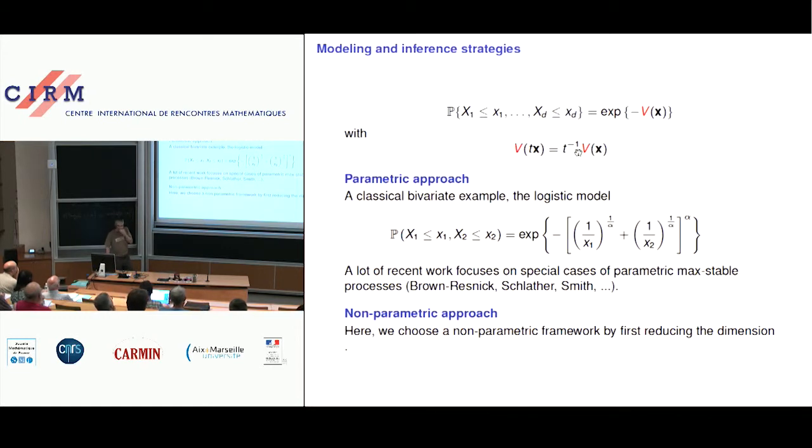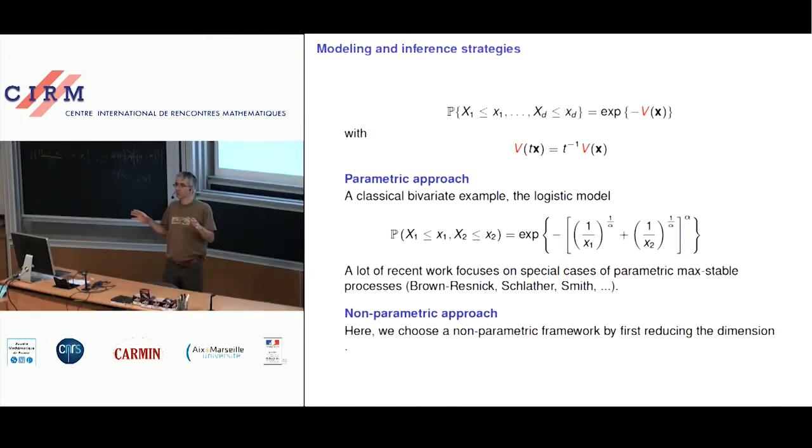And if my dimension is d equals 92, with 92 stations, it's going to be impossible, because a non-parametric family for d equals 92 is too big, the space is too big. So what we are going to do is first reduce the dimension by clustering our stations together, and then for each cluster, we are going to fit a non-parametric model.